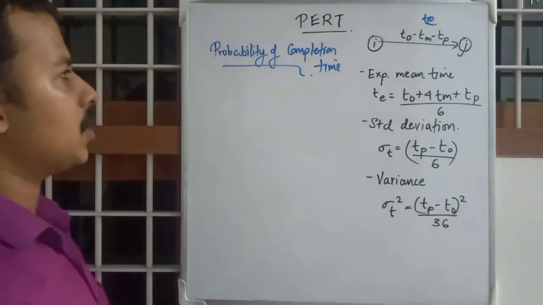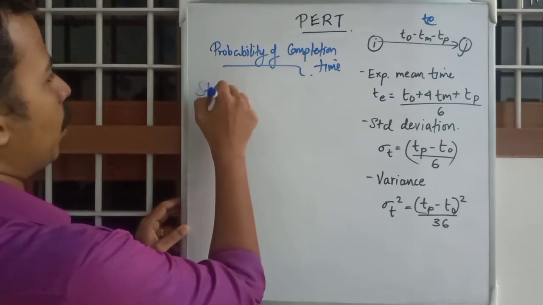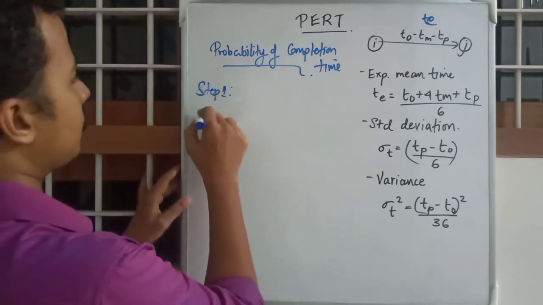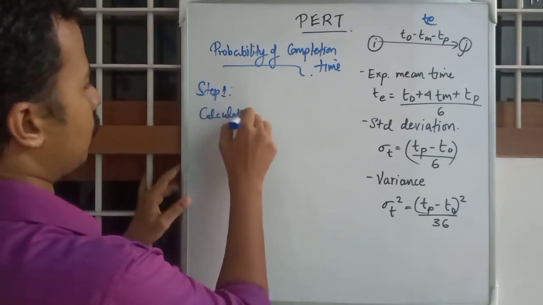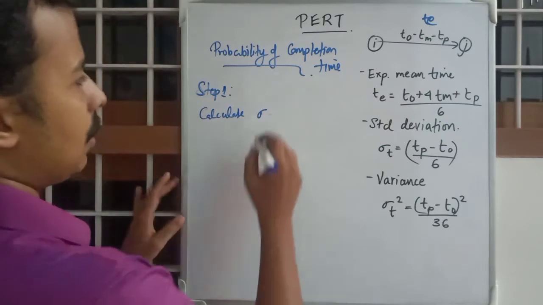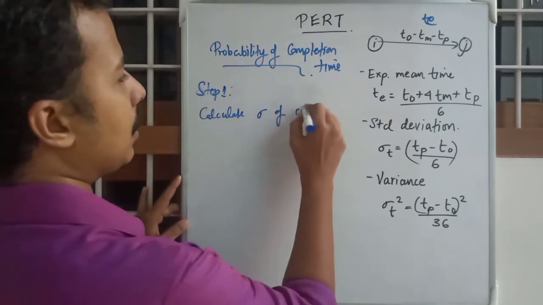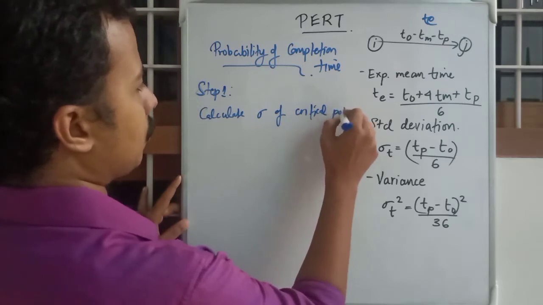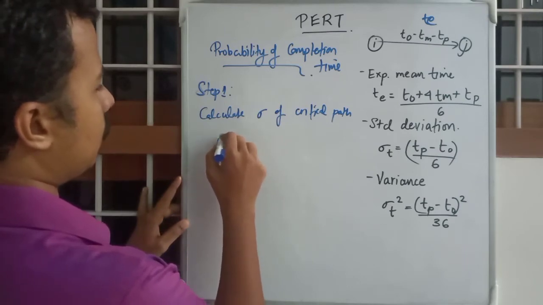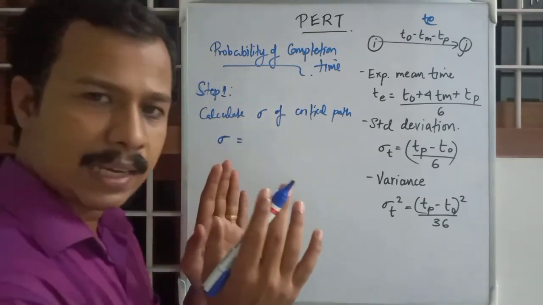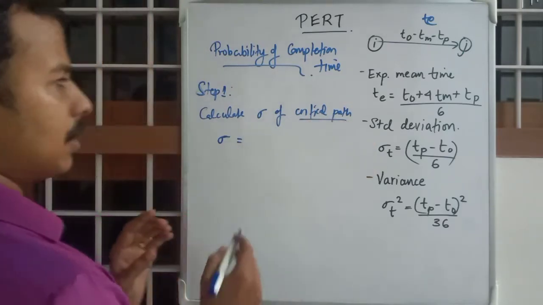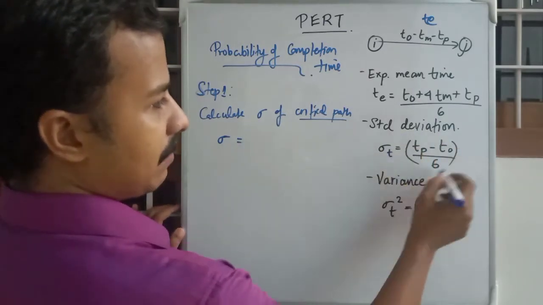So for the probability of completion, step 1: calculate the standard deviation of the critical path. You have a network diagram and you have found the critical path, and using this critical path you need to calculate the standard deviation.